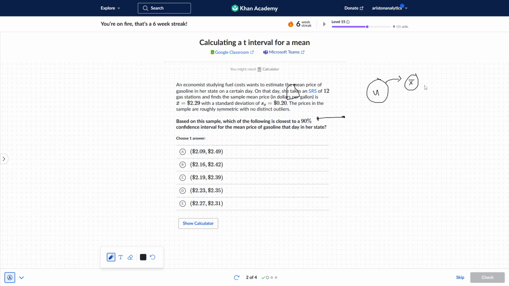X bar. Every time we do that, it's a different X bar. X bar, let's say 1, 2, 3. There's a sample size of 6.